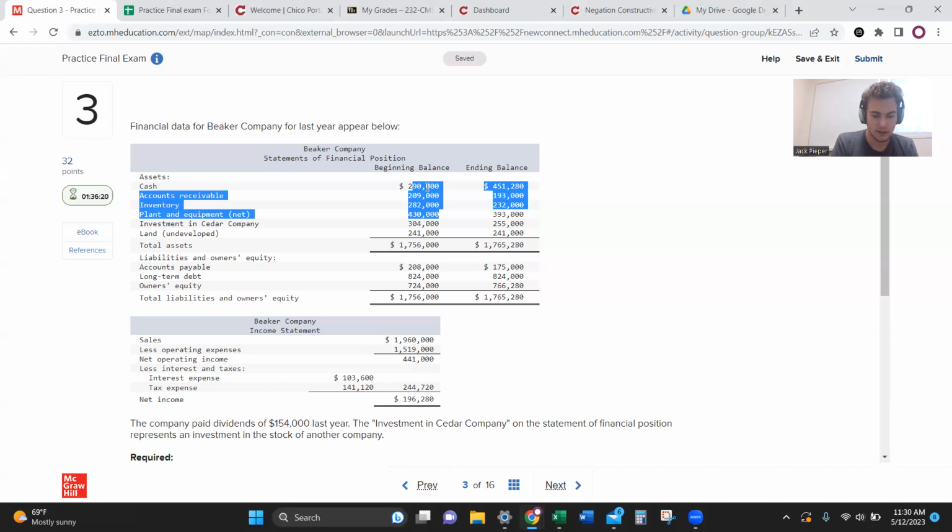And the ending balance is 451 plus 280 plus 193 plus 232 plus 393. Okay, so we have both of our totals now, so we can add them together and then divide by 2.